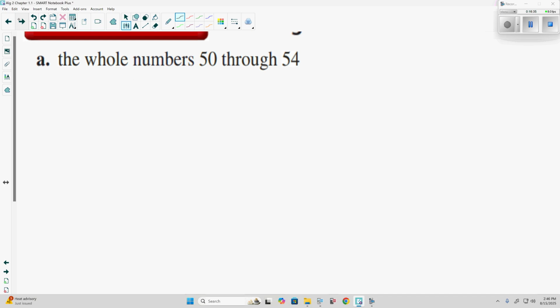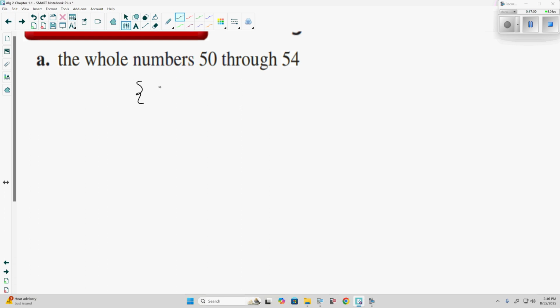Because if we look at this first one here, the whole numbers are 50 through 54. What is our first whole number here that would be listed? Yeah, 50. What would be the next one? 51. The one after that? 52, 53, 54. Is it doable to list those out? Yeah.